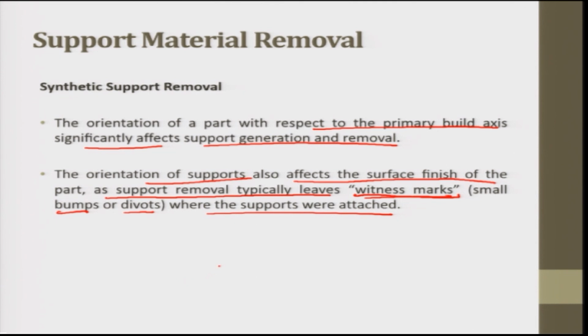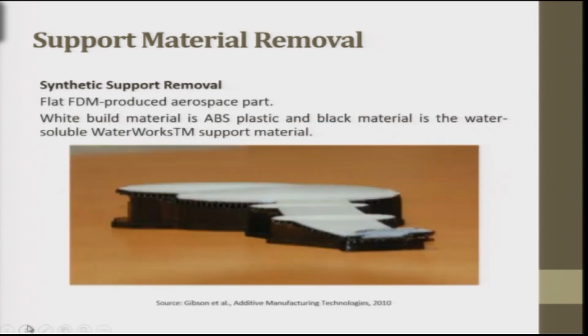Now, if a thin part is laid flat, for example, the amount of support material consumed may significantly exceed the amount of build material. This can be the example for that: a flat FDM produced aerospace part. This white material is the ABS plastic, and this is the support, which is water soluble.